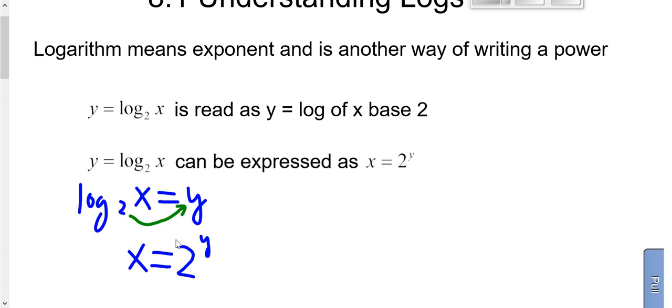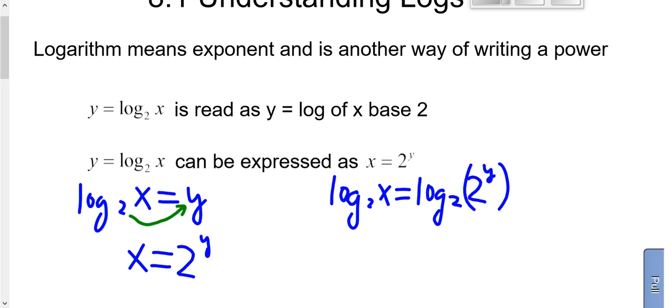Or another way to show you this, which reinforces the stuff that we have done so far in this lesson. Let's take the logarithm of base 2 on both sides, because look at this, base 2 for this exponent. So log base 2 of x equals log base 2 of 2 to the y.